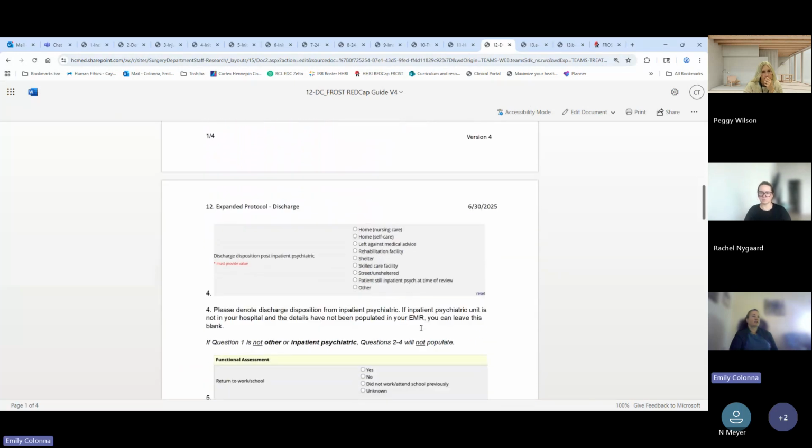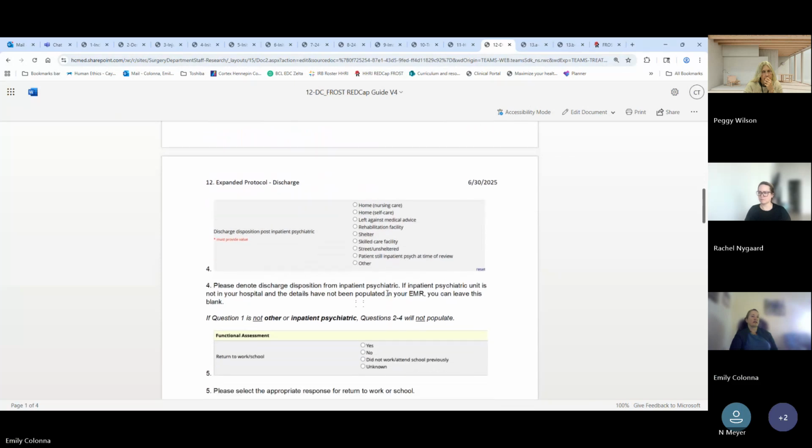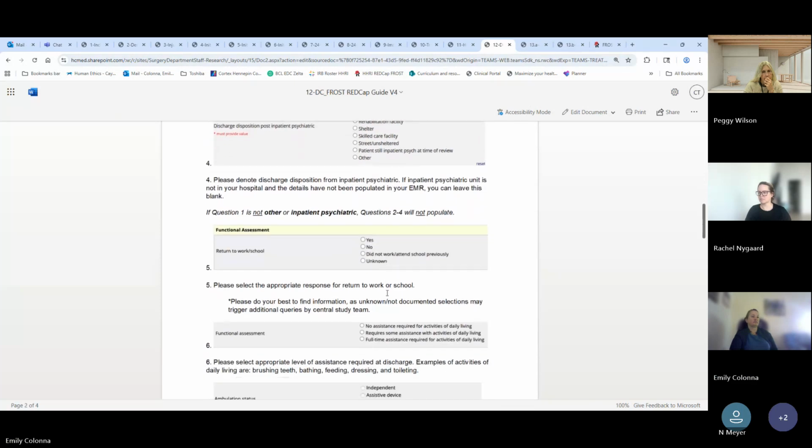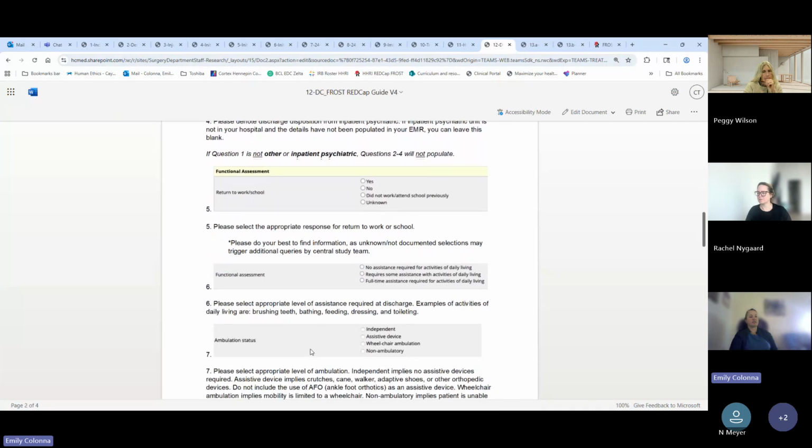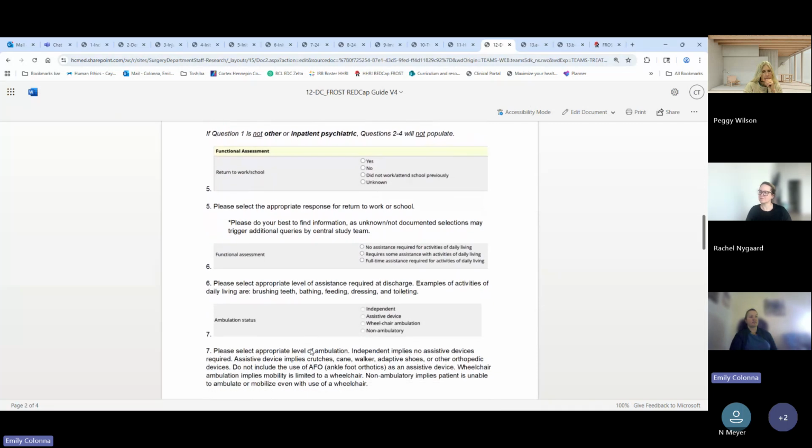If they were in the psychiatric ward, where did they go after that? Were they able to return to work or school? Functional assessment, do they need any devices or assistance in daily life? And then ambulation, do they need any devices to get around?